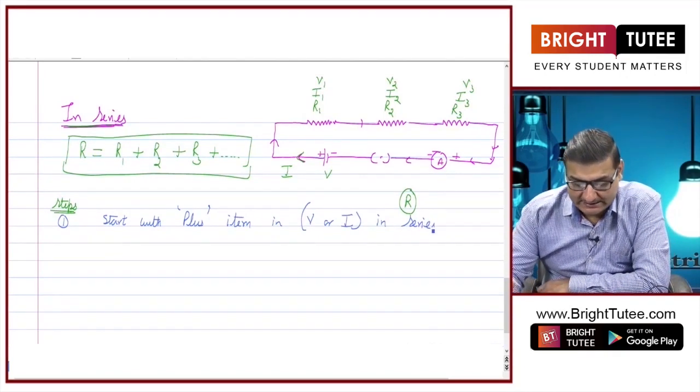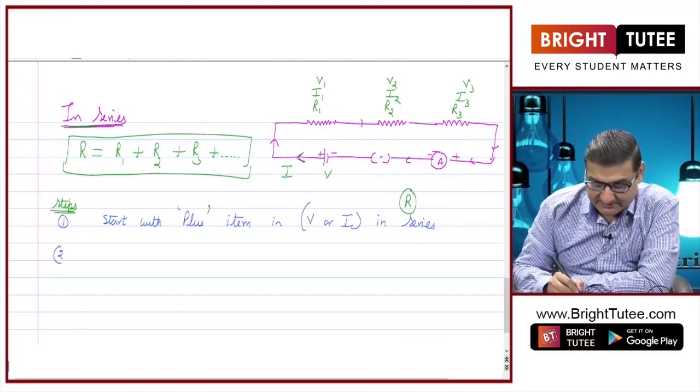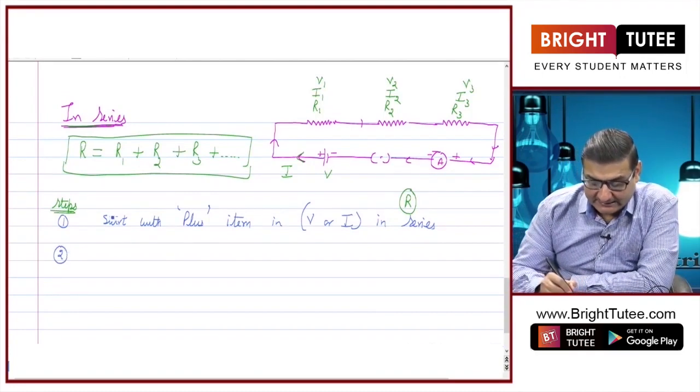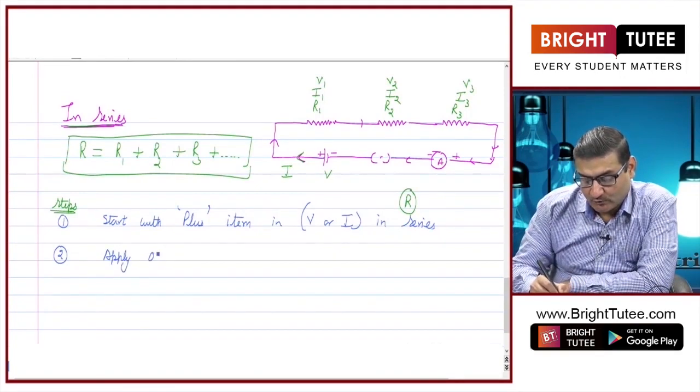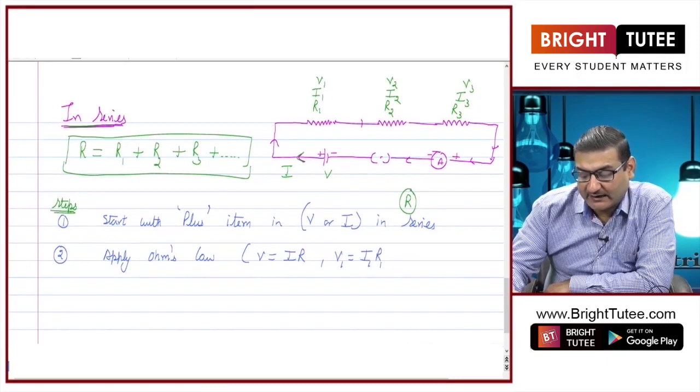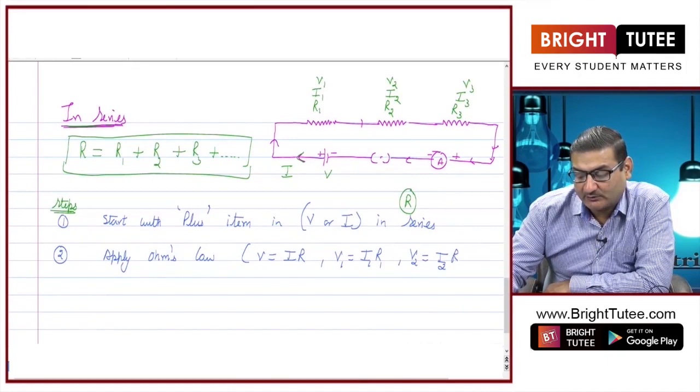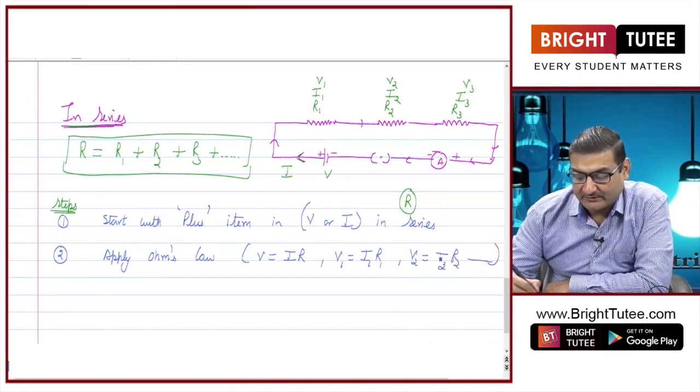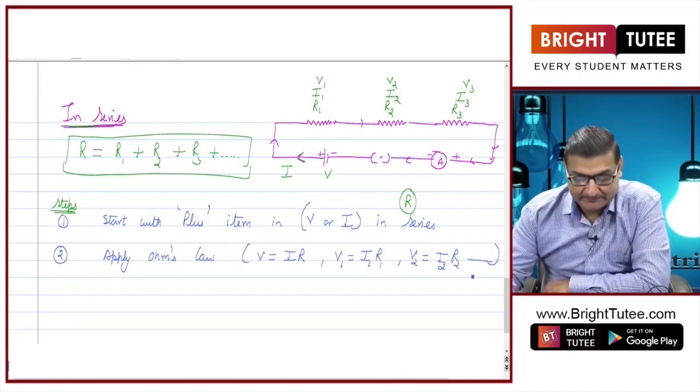Now, what is this? I'll explain. Don't worry. Just have some patience. Then apply Ohm's law, that is V is equal to IR. V1 will be equal to I1 R1 and so on. V2 will be equal to I2 R2 and so on. This is what we are going to apply.